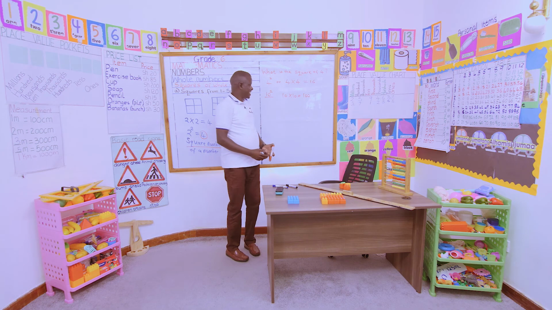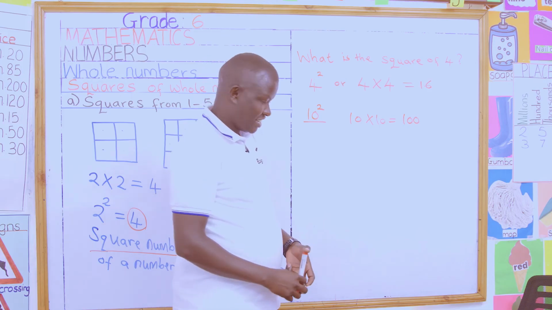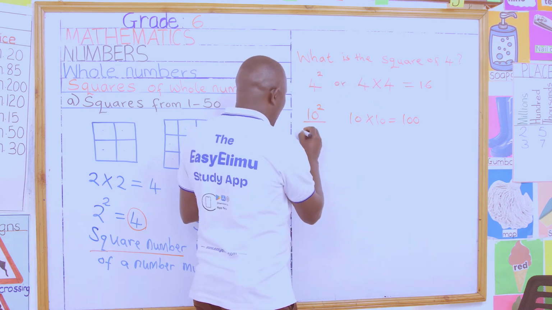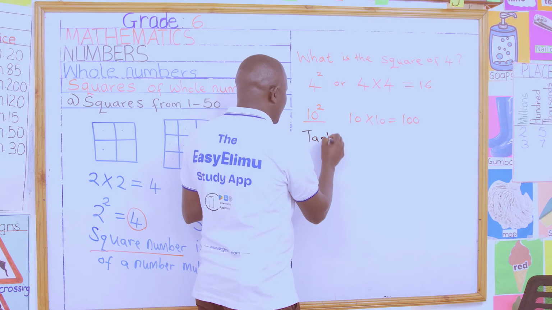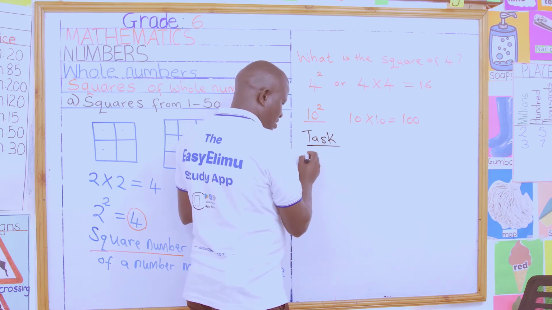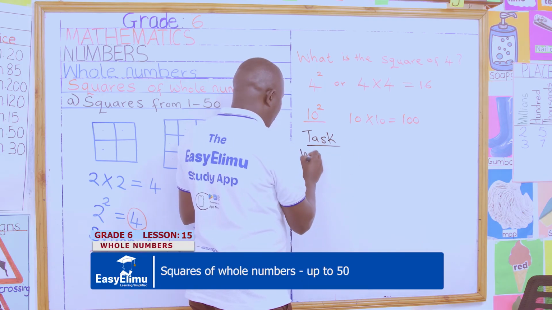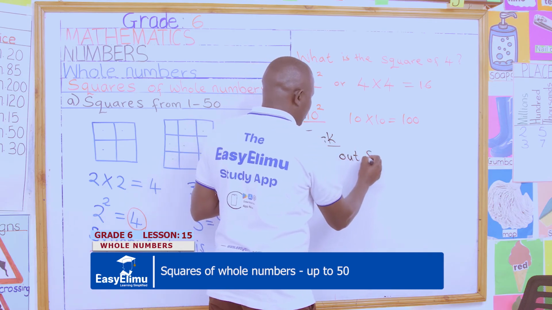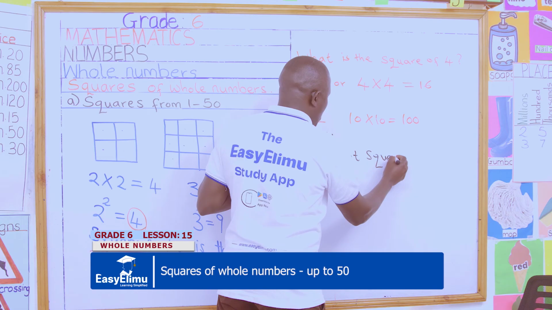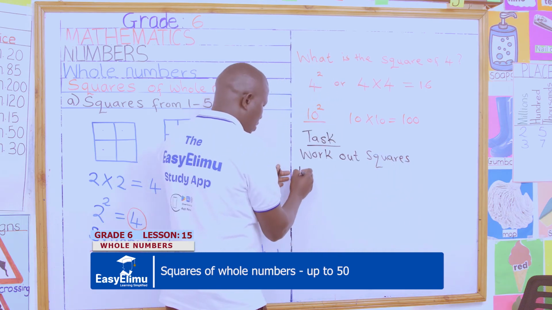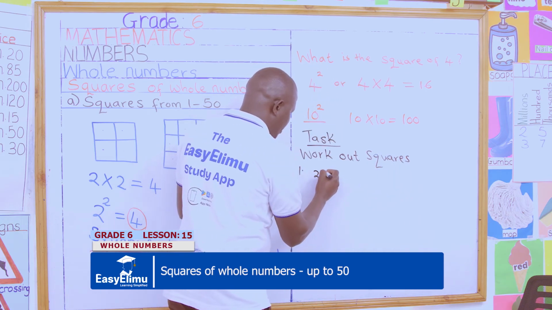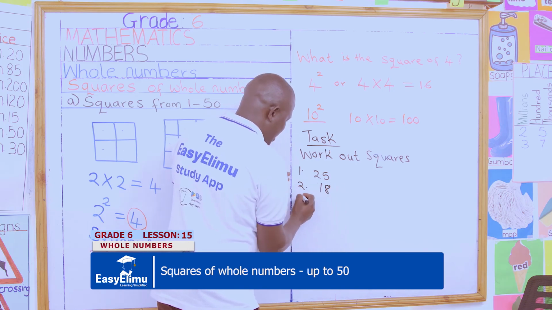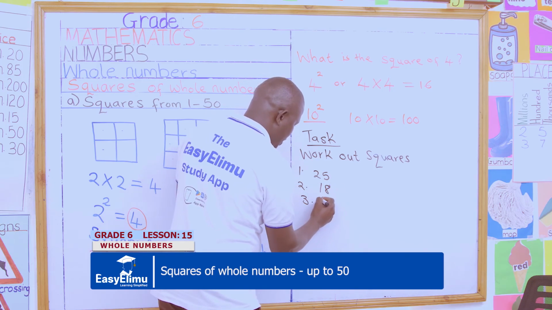With this, learners, can we try solving the following task? In our task, work out the following squares. The squares you are working out are of number 1, 25, number 2, 18, number 3, 50.